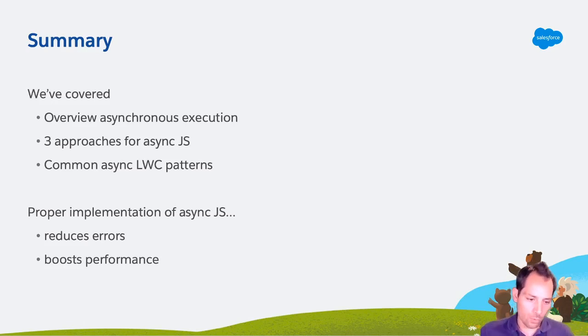Now, I want to remind you that the proper use of those techniques is something that will guarantee that you have fewer errors, because if you weren't paying attention with the example that deals with race condition, this could trigger errors. And will also boost performance because you're going to be maximizing your CPU execution time by placing some tasks in the background and others more blocking ones.